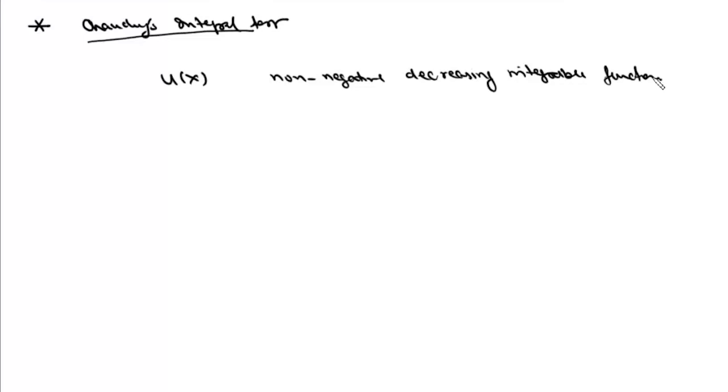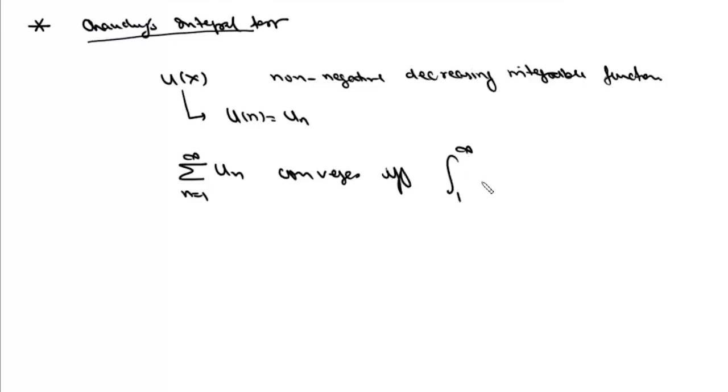Now this Cauchy's integral test says if we have a function u(x) which is a non-negative decreasing integrable function, which is associated with the sequence un, which we can write as u(n) for all positive integral values of n, then we say this series summation un, where n varies from 1 to infinity, converges if and only if this integral from 1 to infinity of u(x) dx is convergent.